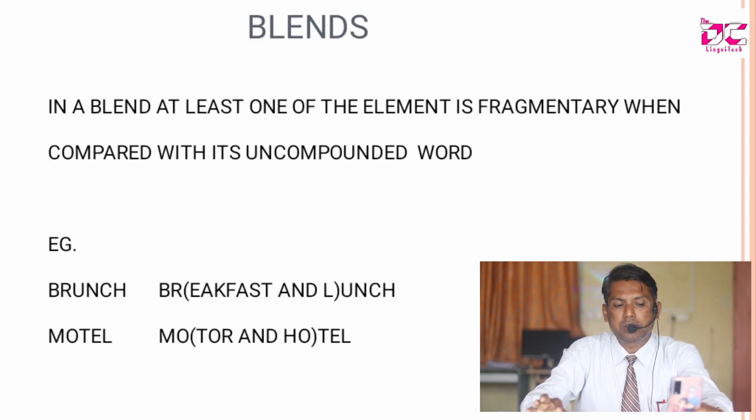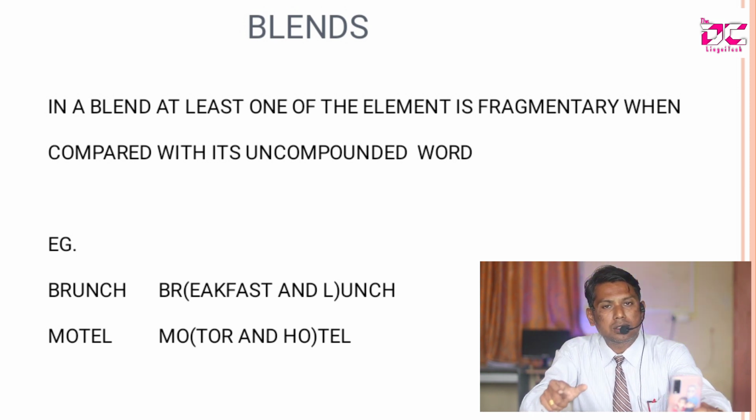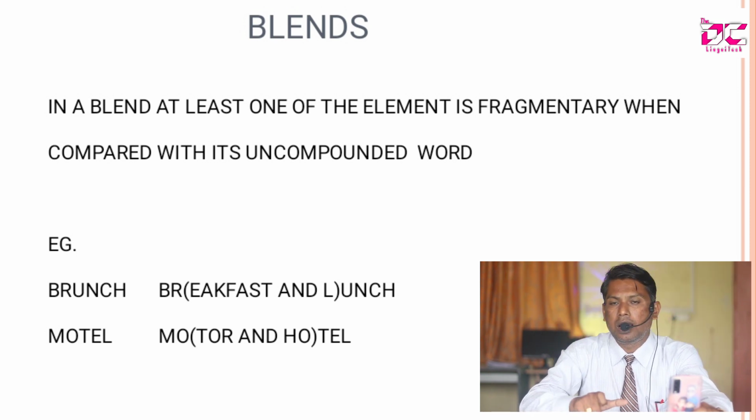Another word formation process is blending, or you can say blends. Blending is a process where we cut two words. We cut the last syllable of the first word and the first syllable of the last word to form a new word, like hotel and motor. We say motel.